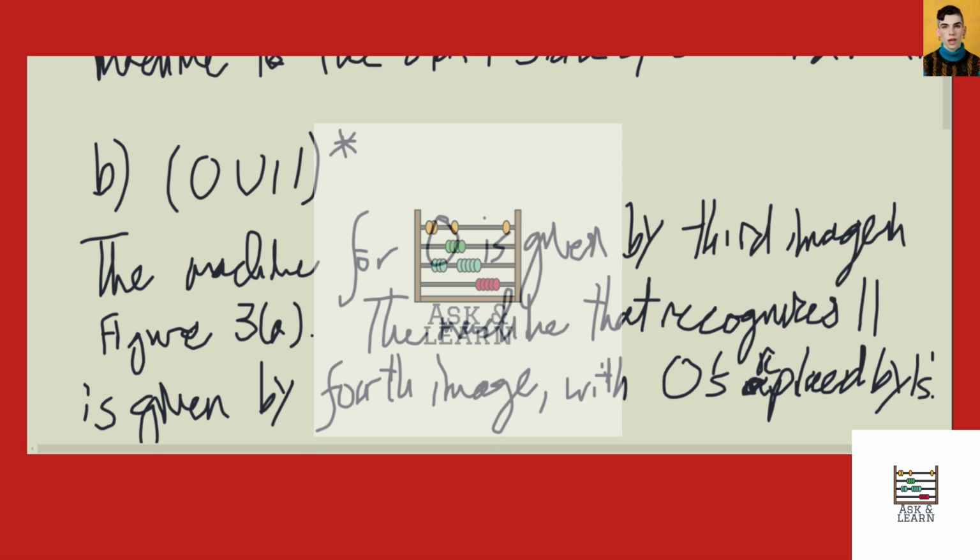Now, we want to find the union of the machines for 0 and the machine for 1 1.